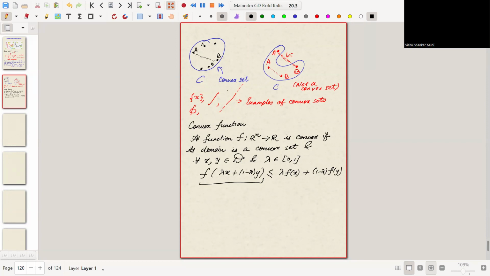Geometrically, if you want to understand this, let me draw this so you can understand.